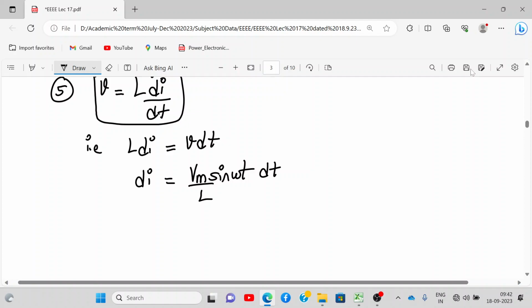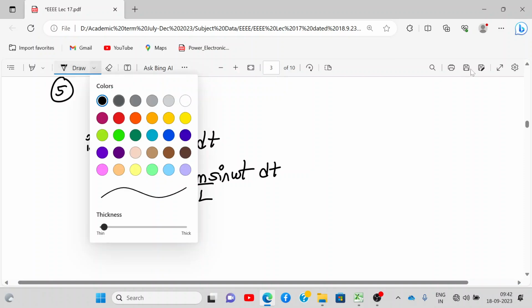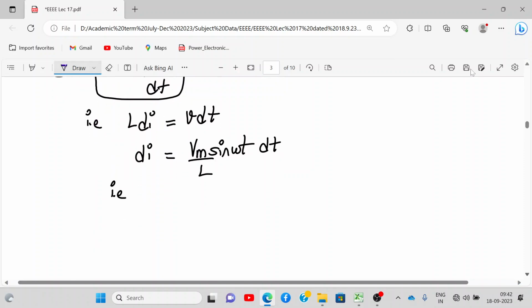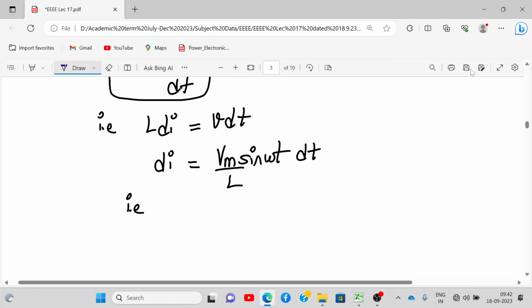So how will I remove the derivative? By integrating both the sides. So I'll apply the integral. Vm upon L is a constant, integral of sine omega t dt. So we have integrated the left hand side and right hand side.